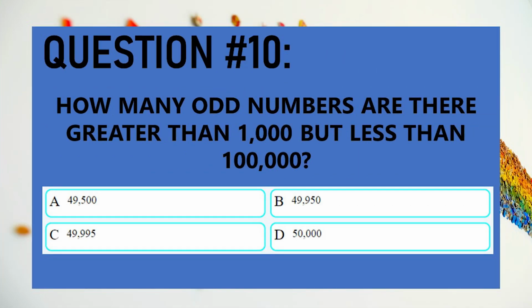And the correct answer is letter B, 87,880. Question number 10. How many odd numbers are there greater than 1,000 but less than 100,000?